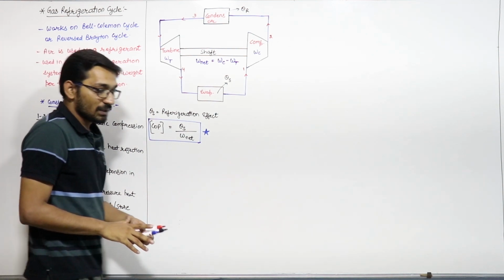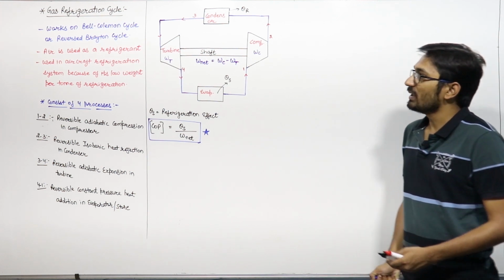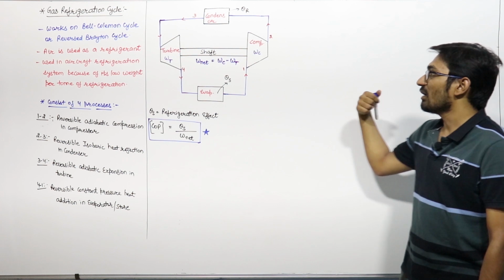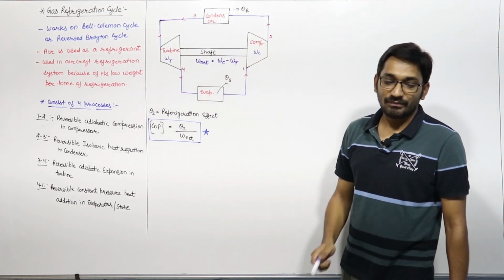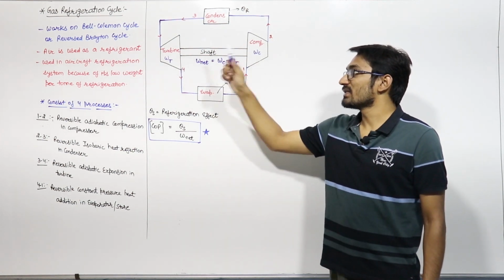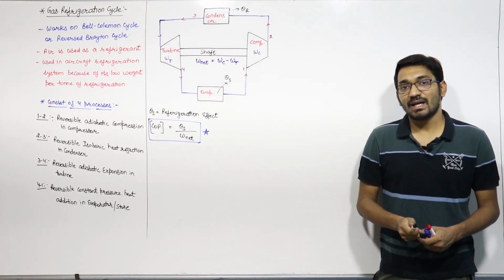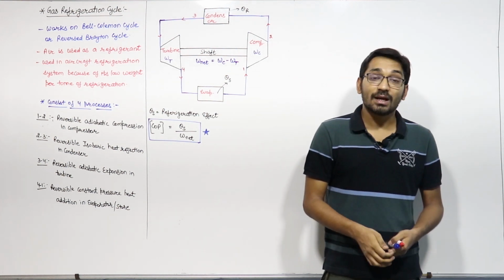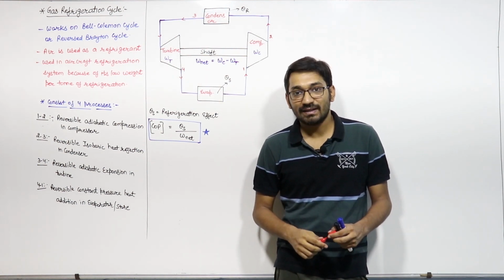Now, next. In the vapor compression cycle, when you study it, you will find that all these three components are the same, but only one thing is different, that is the turbine. In the gas refrigeration cycle, we are using adiabatic expansion in the turbine, but in the vapor compression cycle, instead of this turbine, we are using a throttling device.